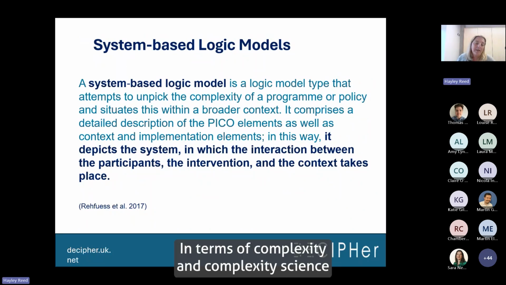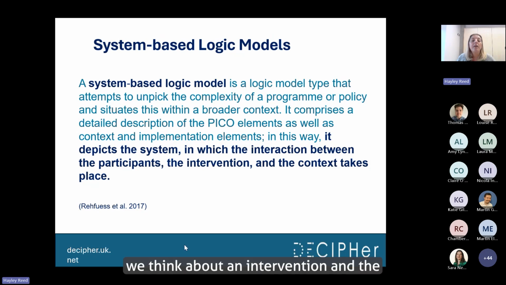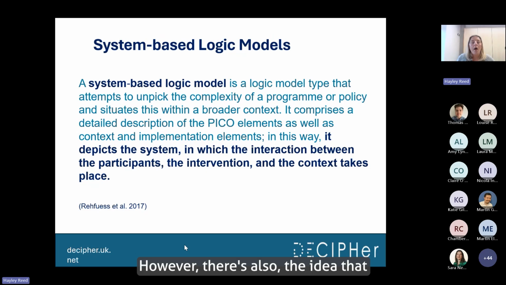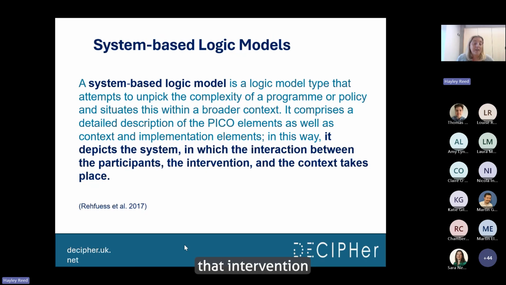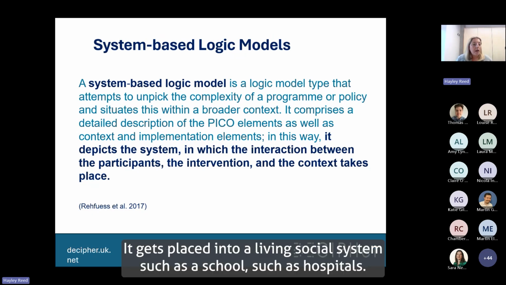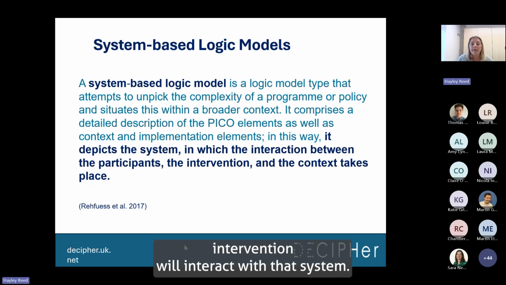In terms of complexity and complexity science, we think about an intervention, and the process models clearly show us the intervention. However, there's also the idea that that intervention doesn't get placed into a system which is a vacuum. It gets placed into a living social system, such as a school or a hospital, and that intervention will interact with that system.